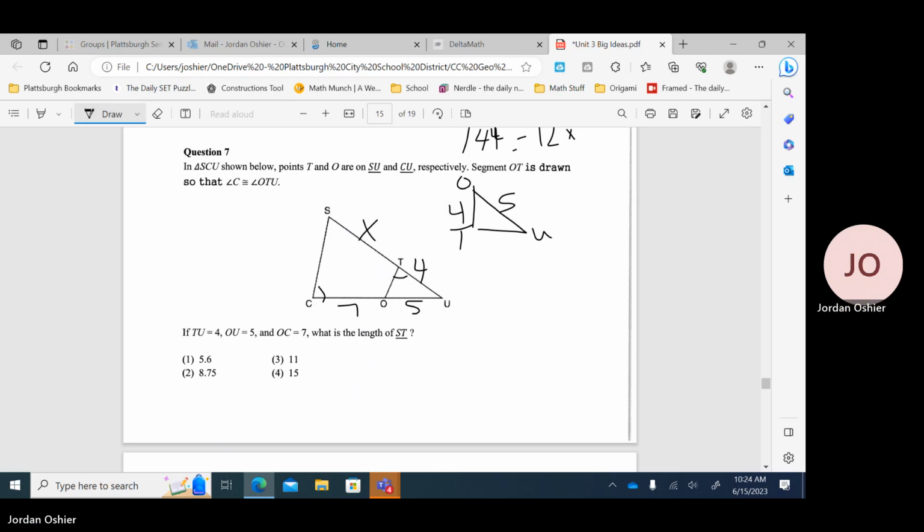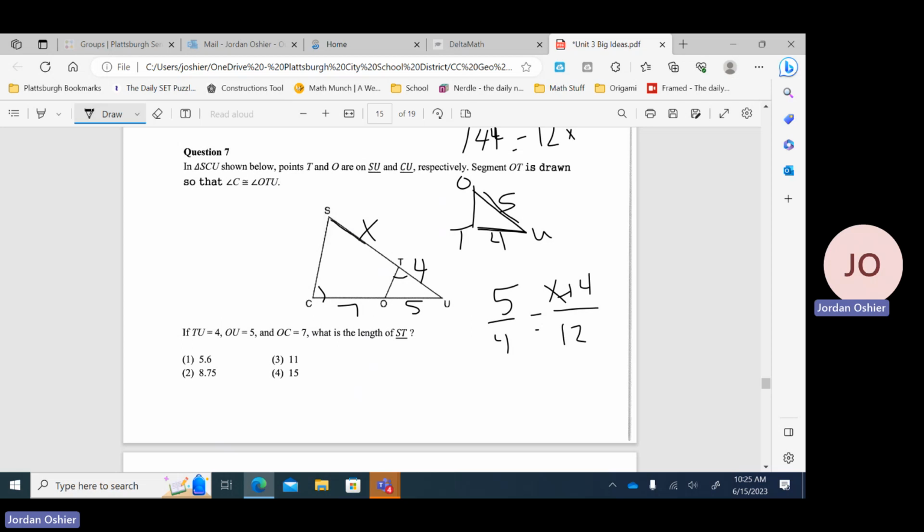TU, OTU is 4. Whoops. I don't know what OT is. Good, there we go. So I'm going to have 5 is to 4. Now it's up to you. You can do X plus 4 is to 12, whatever you choose to do. I'm going to do it that way because then when I solve for X, it is in fact what I'm looking for.